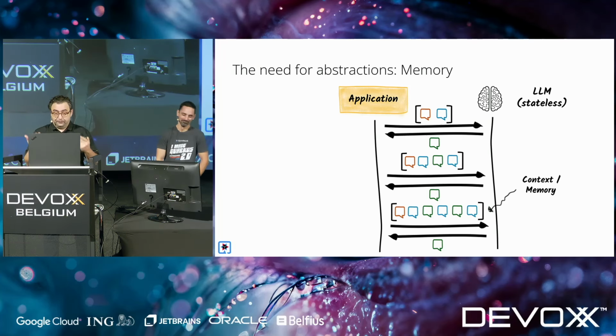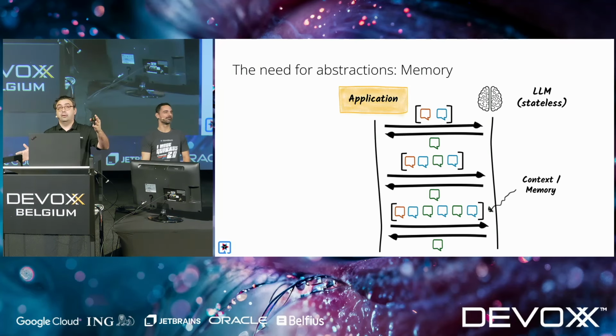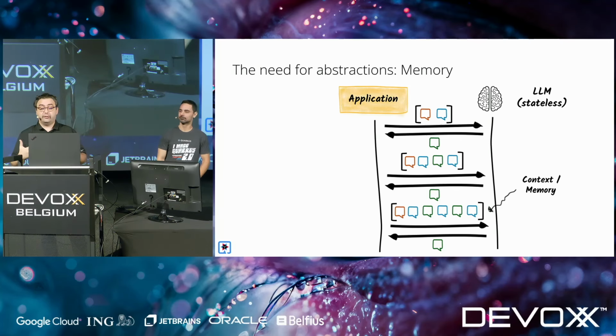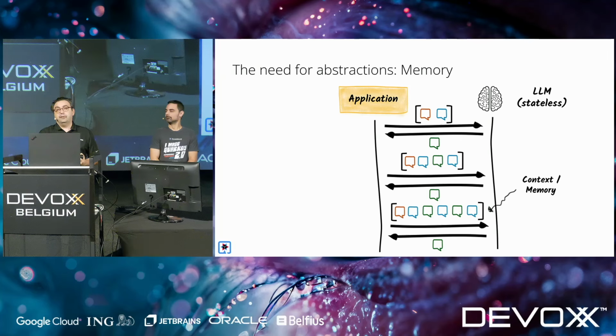Anyway, so you need abstractions to help you build conversations, where you can keep the number of messages and so on. That's what we call context or memory. Obviously, the problem with that is that there is a size issue. You can imagine that at some point, your memory is completely bloated and you don't have any room for anything anymore. So you need to think about an eviction strategy, which messages you remove, and what about when you have concurrent users at the same time? Well, basically, you need abstractions.